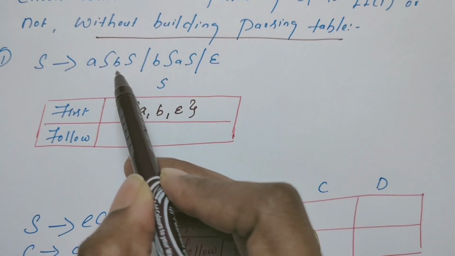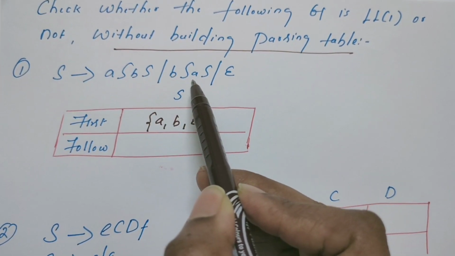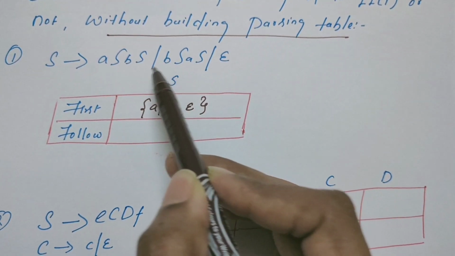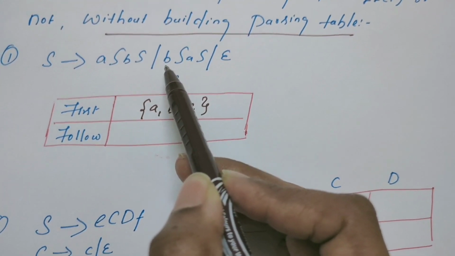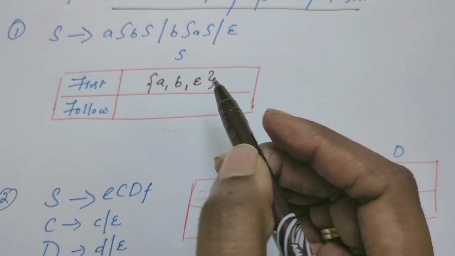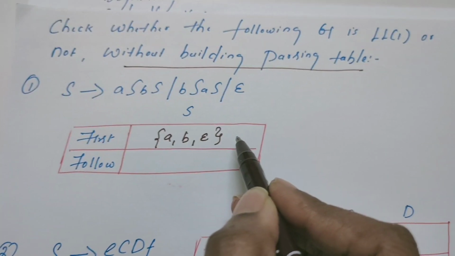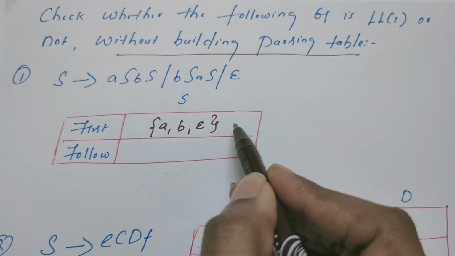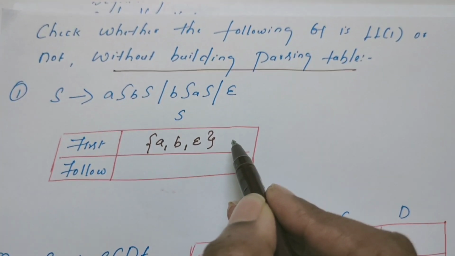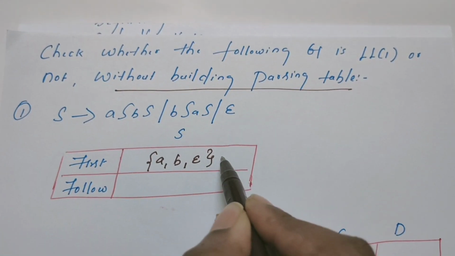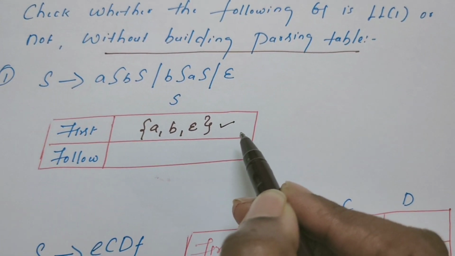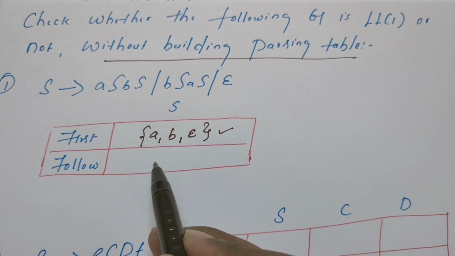When you find first of alpha and first of beta, the symbols should not be the same. It should not derive strings which begin with the same symbol. So the first condition is true in this case, right? Okay, now let us move on to the second one.